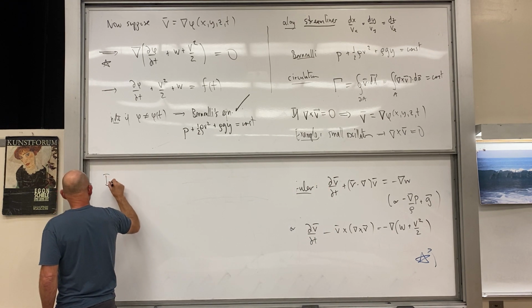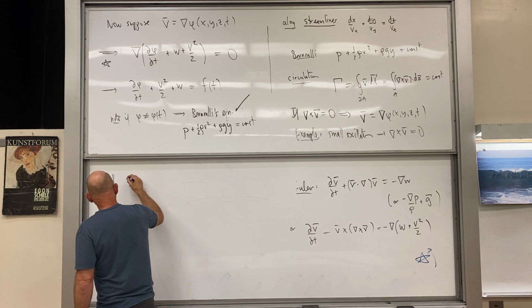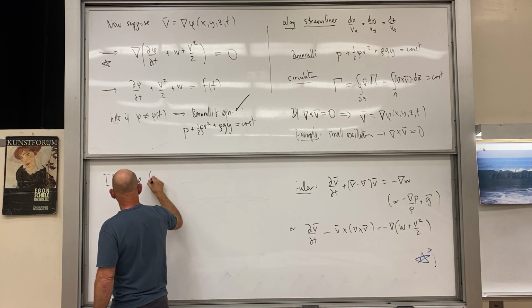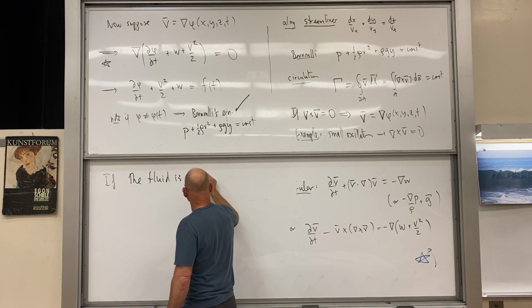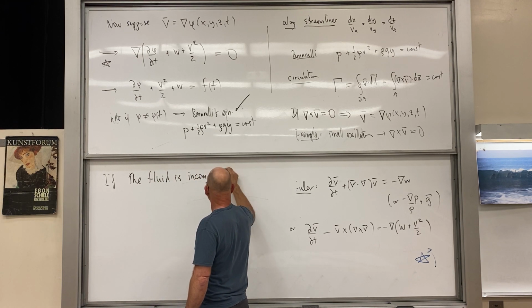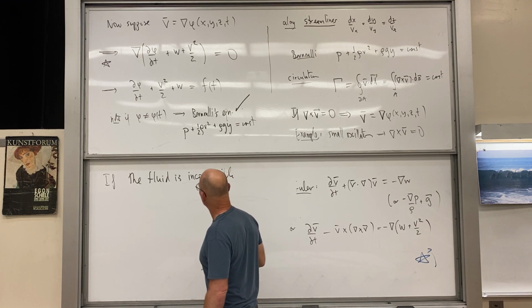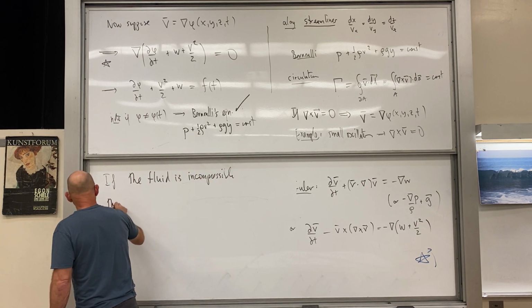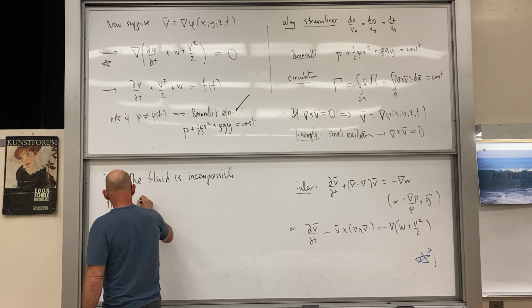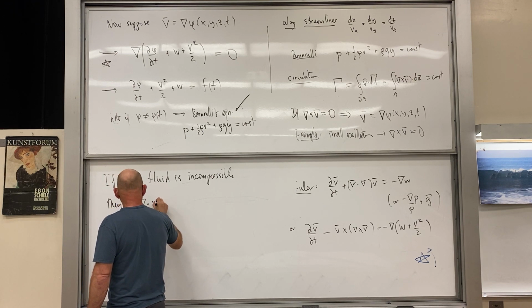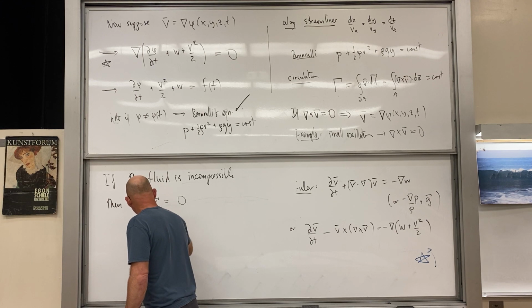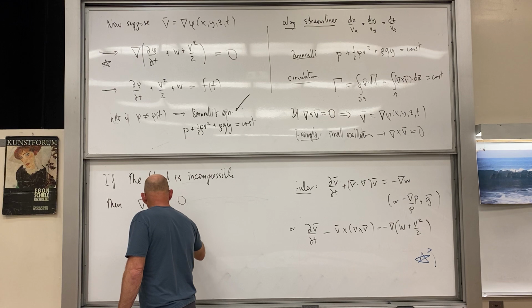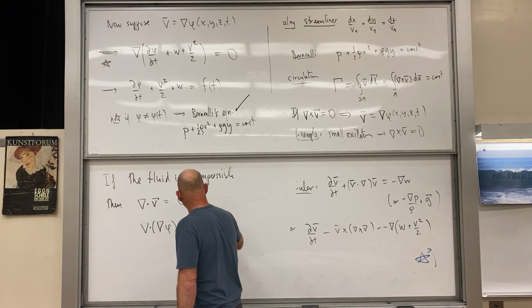If the fluid is incompressible, then the divergence of V equals 0, which is the divergence of the gradient of phi equal to 0.